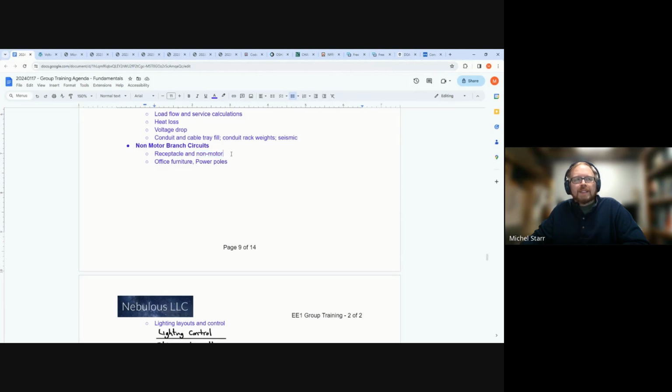So it's a rule of thumb to say that 1 horsepower is equal to 1,000 watts, 1 kW, or maybe kVA. And we're talking about high level load estimating, not the construction document level.